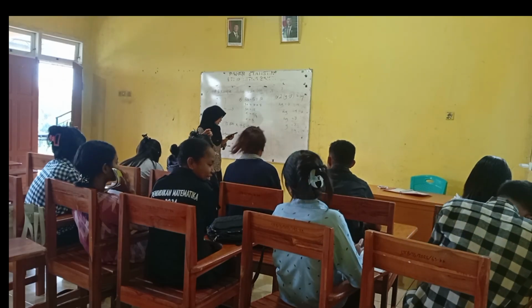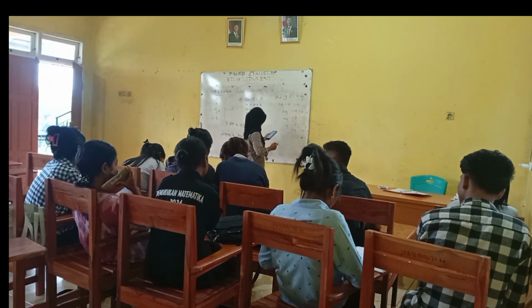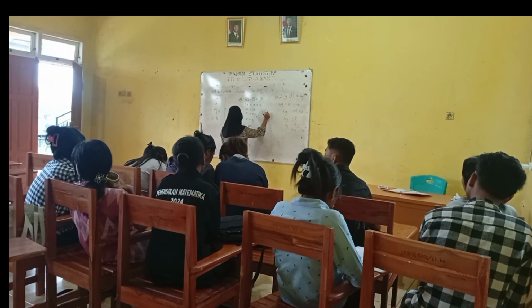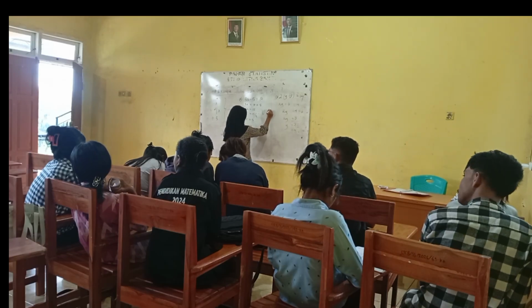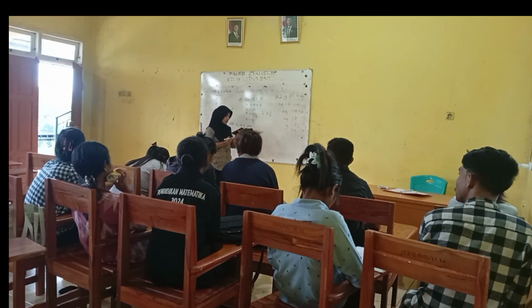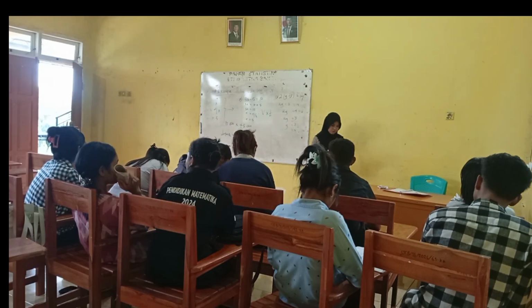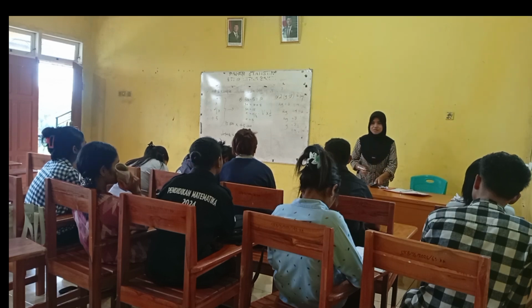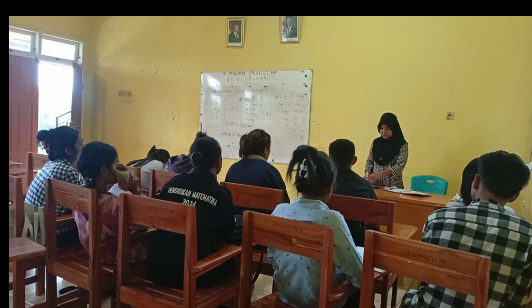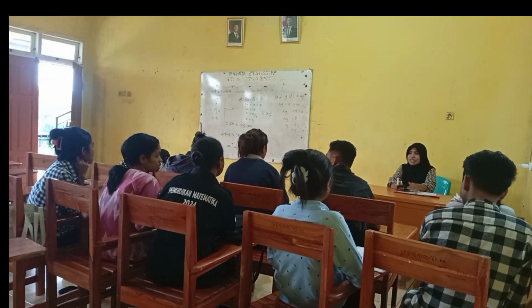If the speed is constant but the time is unknown, we can write distance equals W times T. It's very useful.